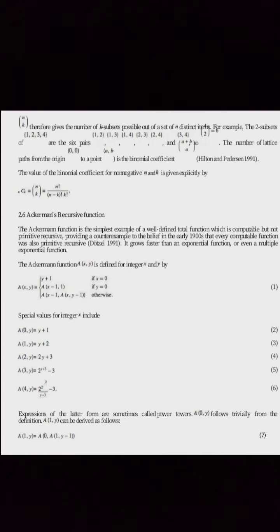Expressions of the latter form are sometimes called power towers. A(0, y) follows trivially from the definition. A(1, y) can be derived as follows. A(1, y) is equal to A(0, A(1, y minus 1)), close the double bracket.